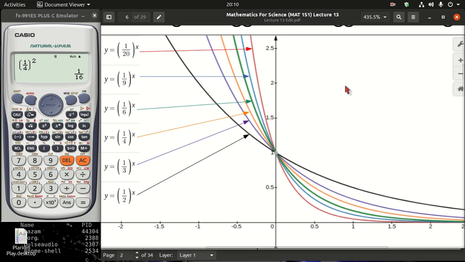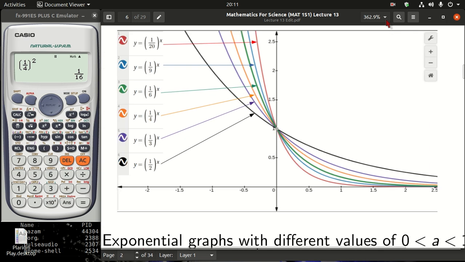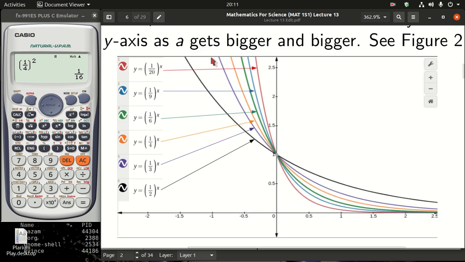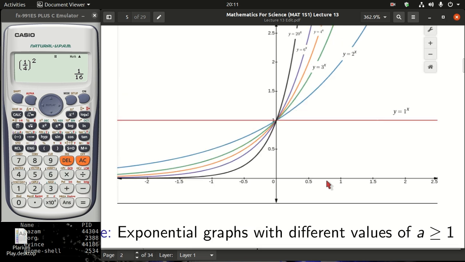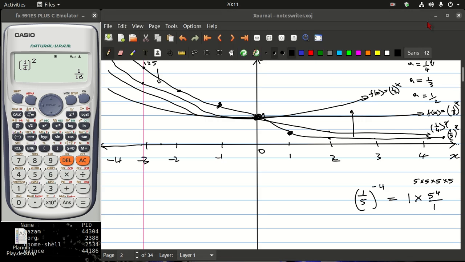So that's what will actually happen. So these ones are trying to get closer to this side, while this side is trying to get closer to the x-axis. So this is how these curves look when it comes to the plotting, and also this is how these curves look when it comes to the plotting.